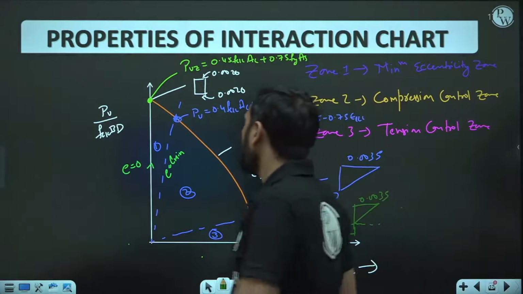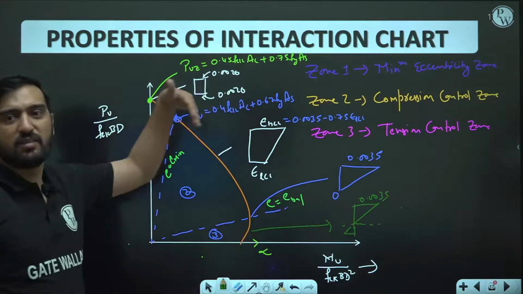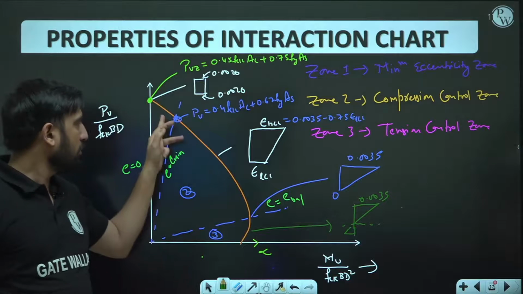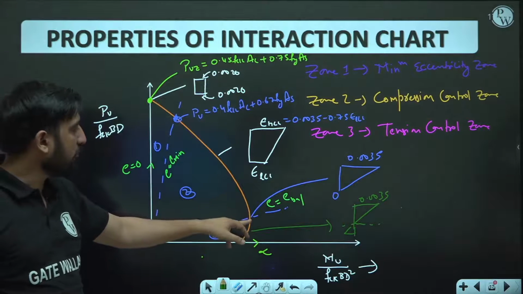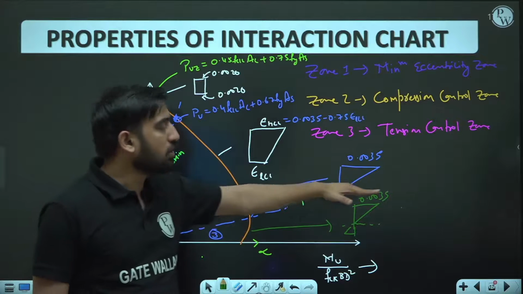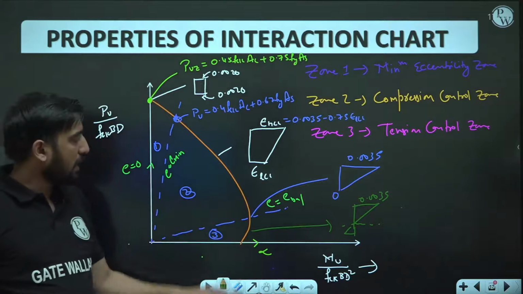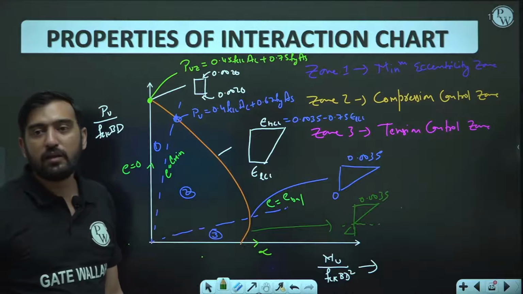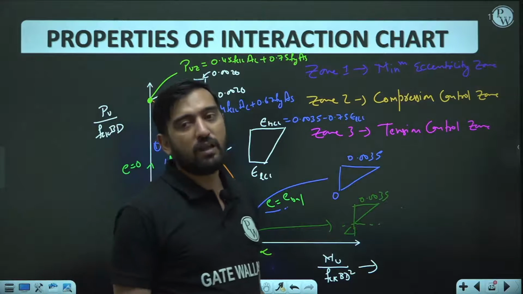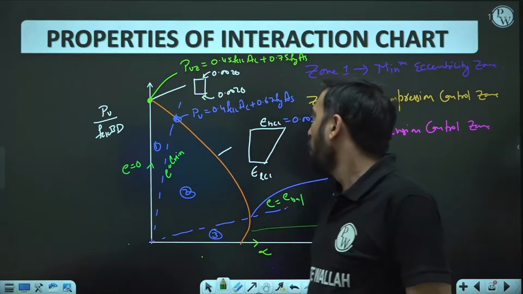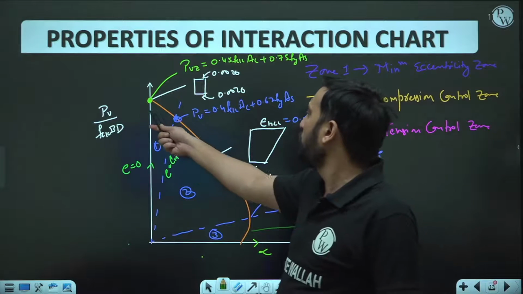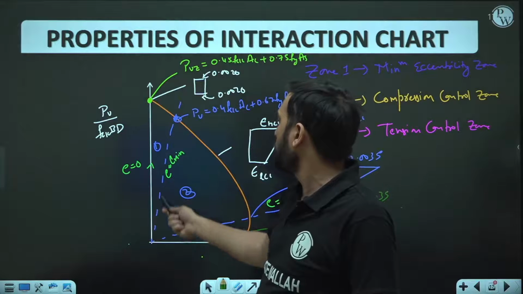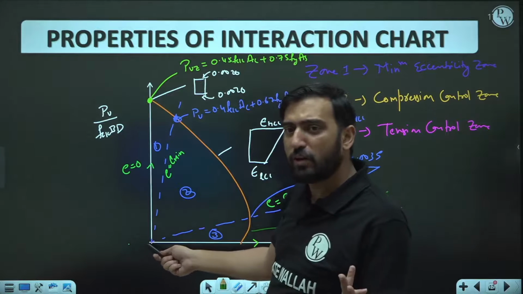We can say that in zone number 1, the neutral axis is outside of the column section. In zone number 2 as well, the neutral axis is outside of the column section. It is the first time the neutral axis is going to touch your column. And in zone number 3, the neutral axis is lying within the cross section. What other observation can be made? In zone 1, the axial loads are quite high compared to moments due to the lesser value of eccentricity.